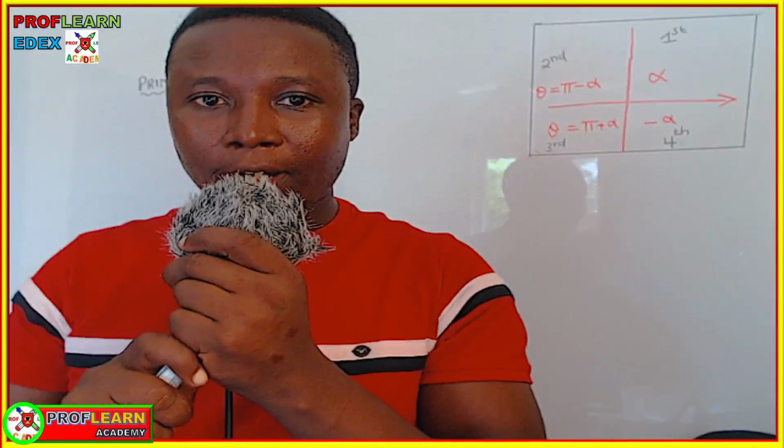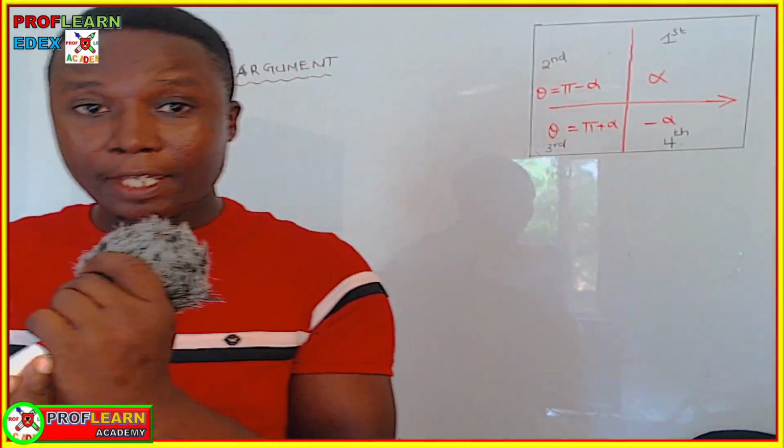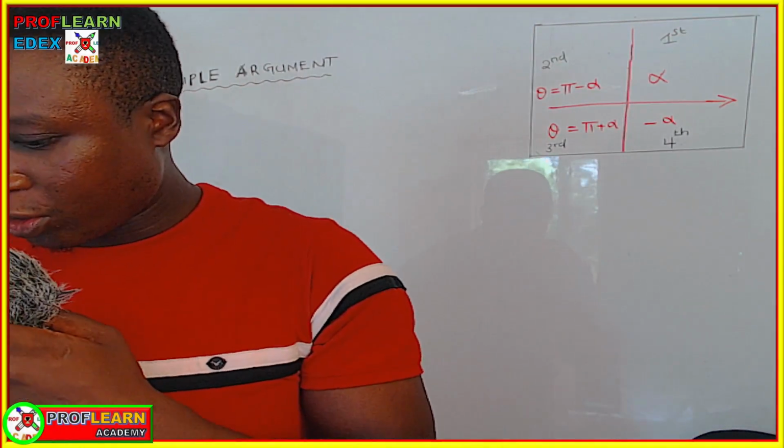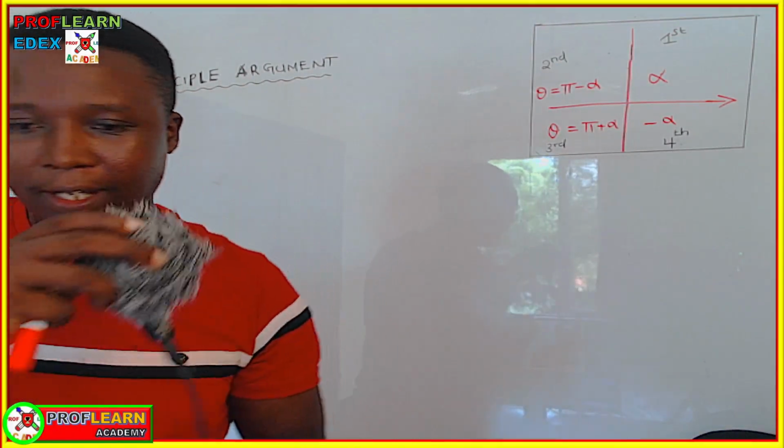Now, in this tutorial, I want us to look at what we mean by a principal argument. And we're going to start by looking at the definition of a principal argument.